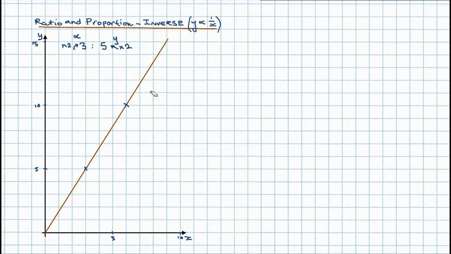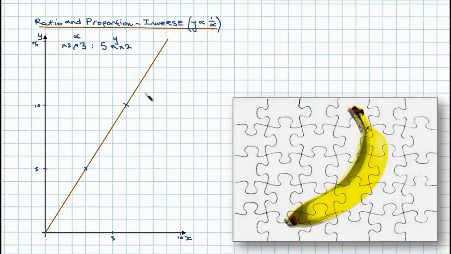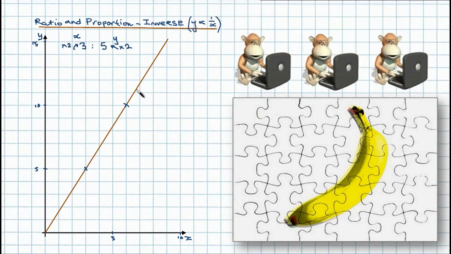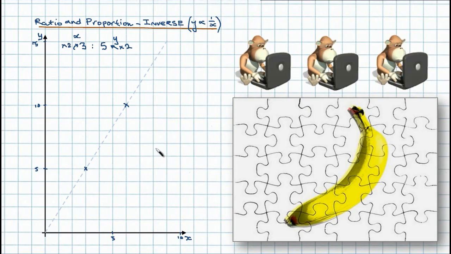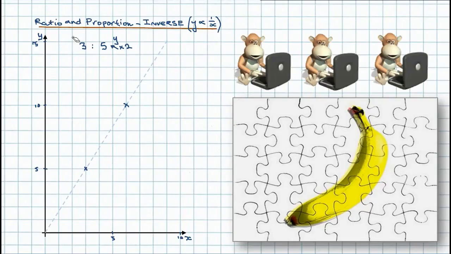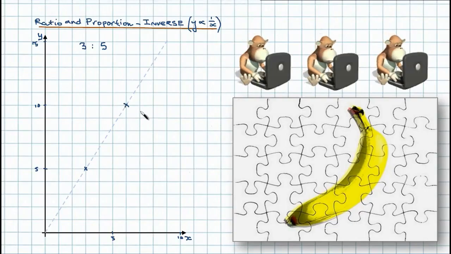Okay, so we need to erase this now and give ourselves this example. All right, so I've got now 3 monkeys. I've got 3 monkeys, and we're saying that it takes our 3 monkeys 5 days to solve this problem.